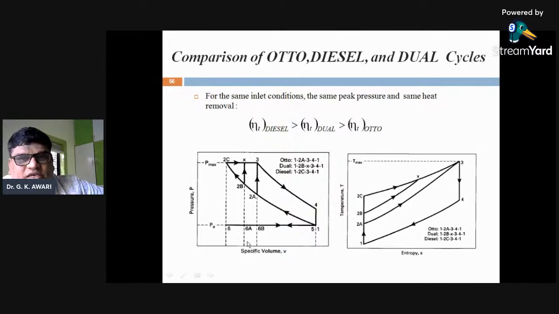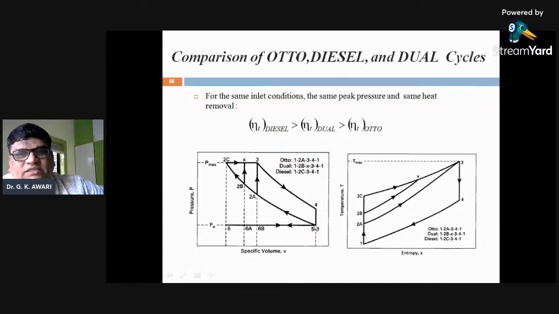Here you can see the pressure-volume diagram. This is 1 to 2a, which is the Otto cycle, then 2a to 3, 3 to 4 and 4 to 1. What is the dual cycle? 1 to 2b, then 2b to x, x to 3, 3 to 4 and 4 to 1, the dual fuel cycle.